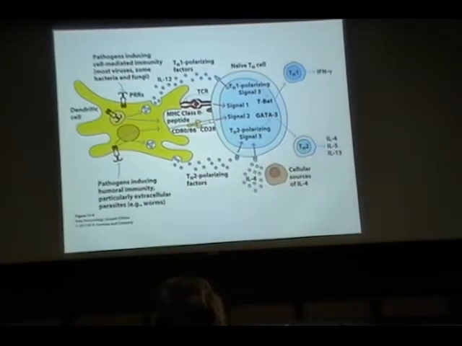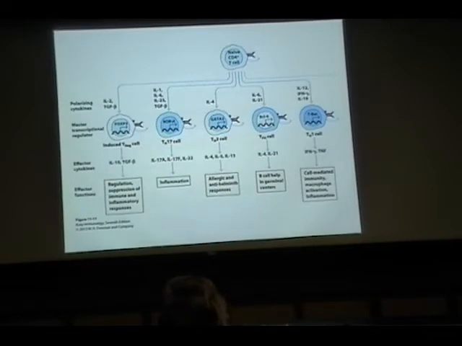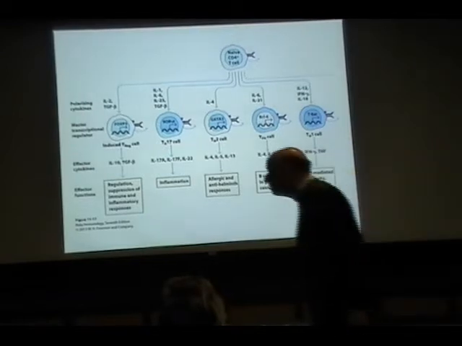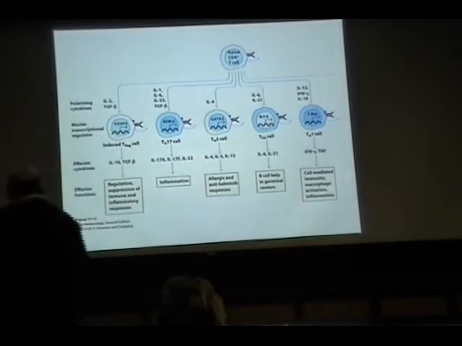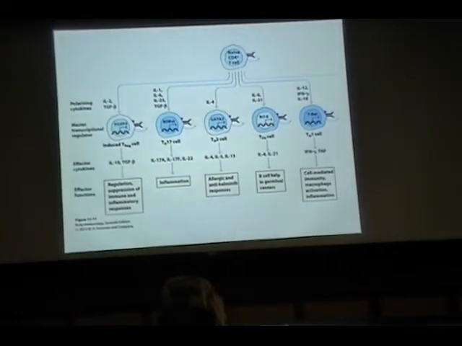Okay, this polarization of T cells. This is not all the T cells that are out there in this world. There are 10 more. Every day we find more and more subsets. But the bottom line is, if you make this group of cytokines, you get this response. If you make this group of cytokines, this response. You don't have to memorize any of this.